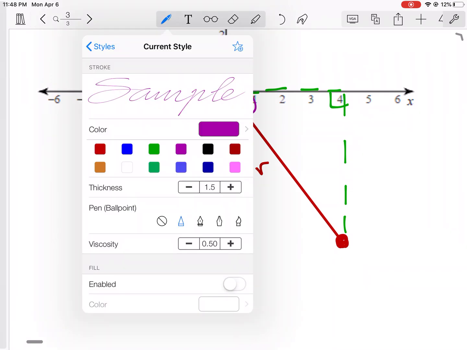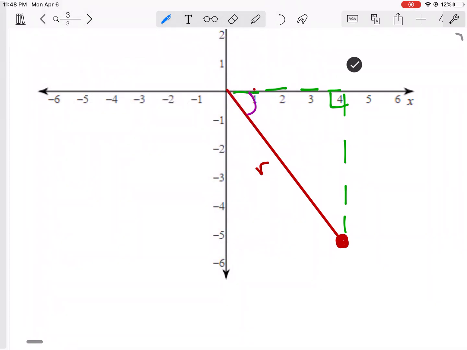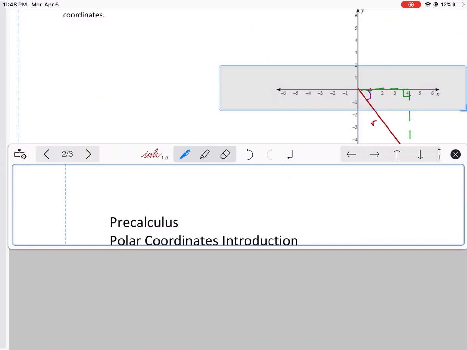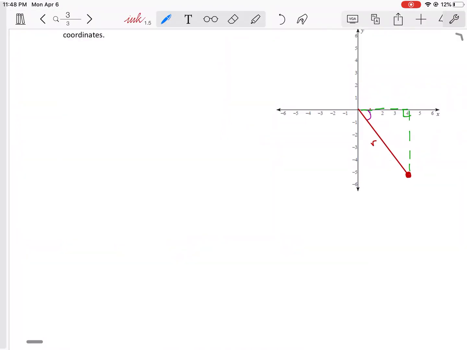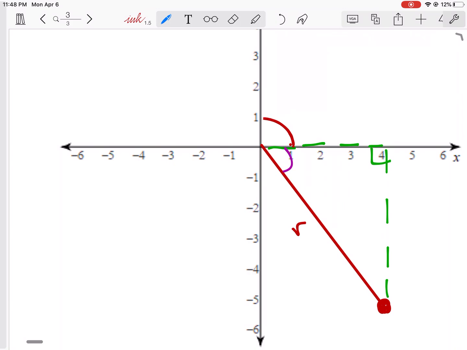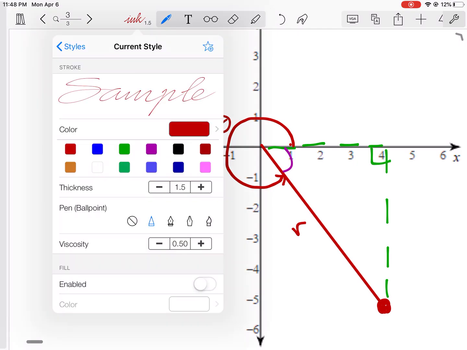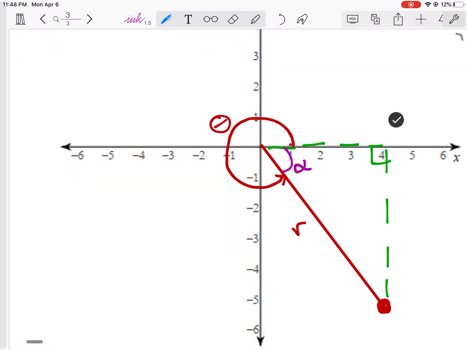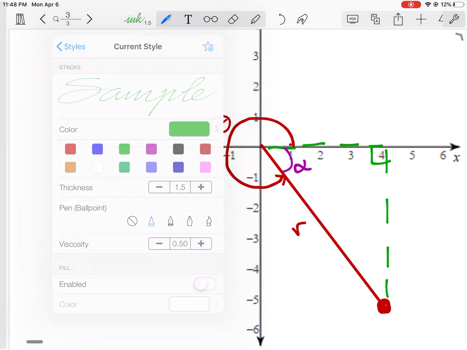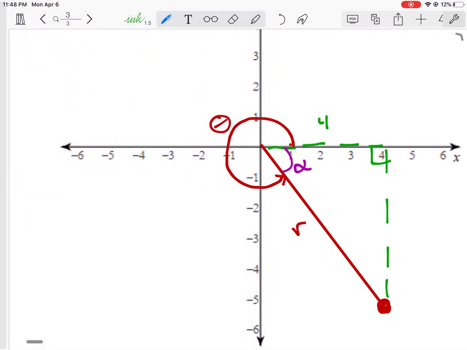Theta is the angle going counterclockwise from 0 all the way around to here. That's our angle theta. So again, we'll call this little angle in here alpha, and we can label our side lengths. This is 4, and then here we went down 5.